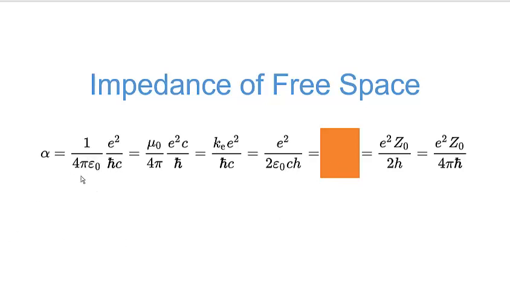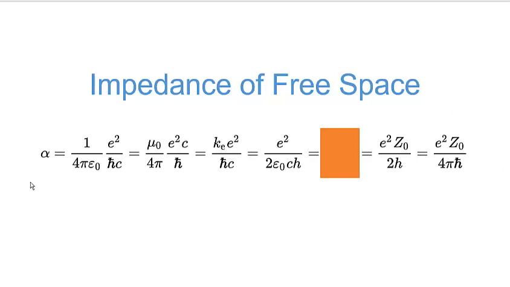So this is the permittivity of free space. This is the permeability of free space. This is the Coulomb constant. Okay, we've got the permittivity of free space here again, and we've got the impedance of free space. We also have elementary charge squared, the speed of light, and reduced Planck's constant, and normal Planck's constant.